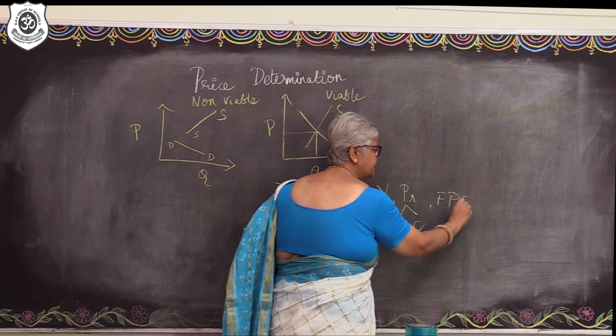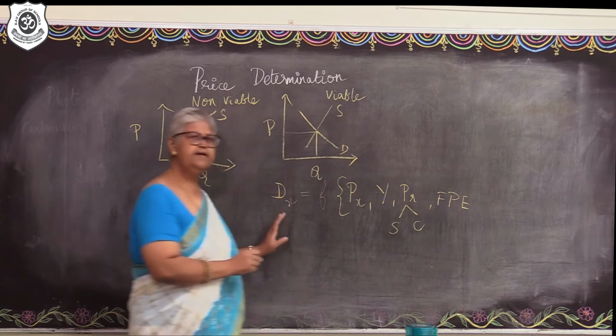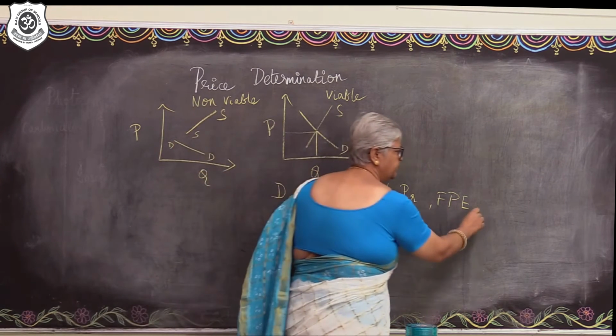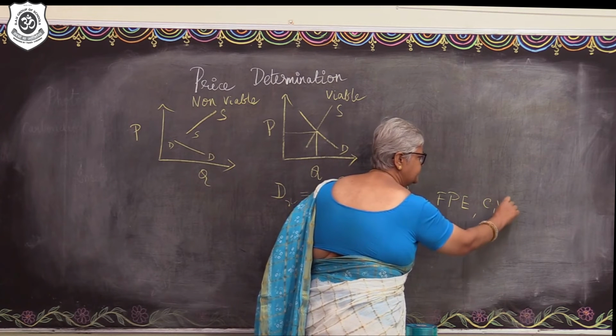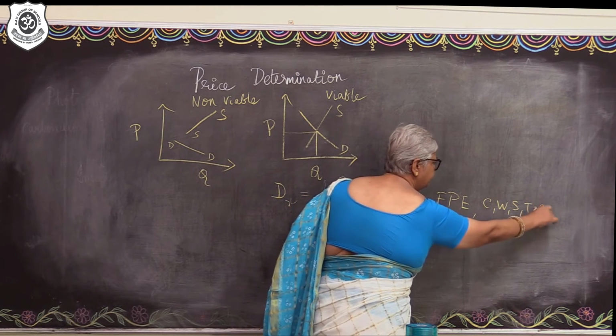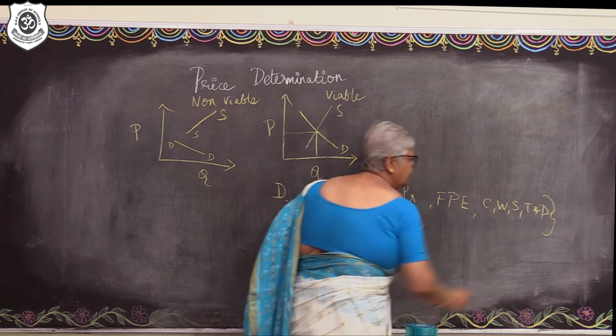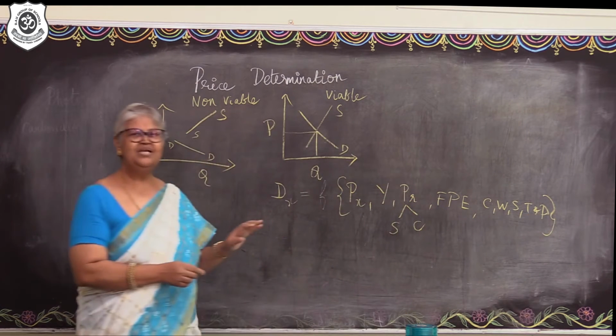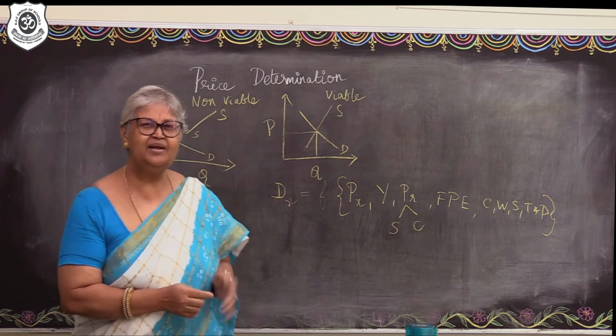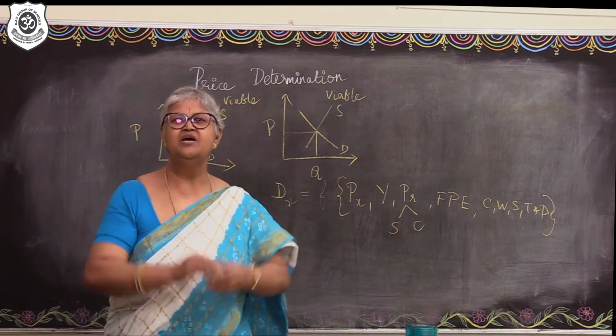The future price expectations affect the demand for the product. Then of course you have the climate, weather and season, and then the taste and preferences and so on. But never the quality. Because the moment I ask what are the factors affecting demand, all the students will say quality.